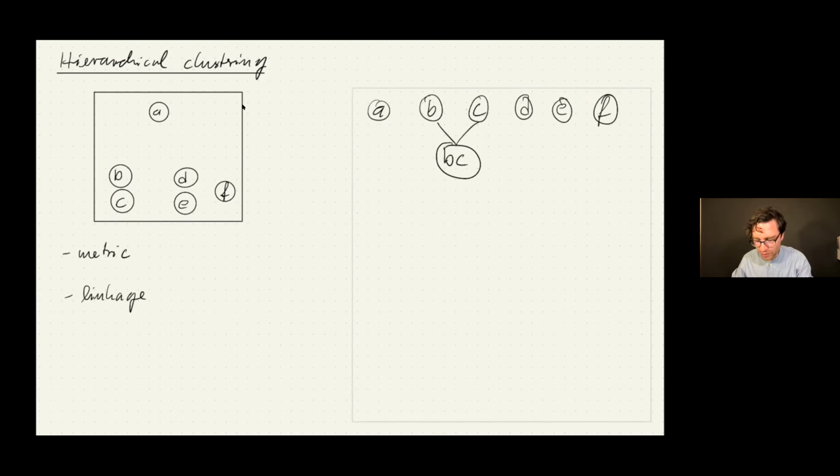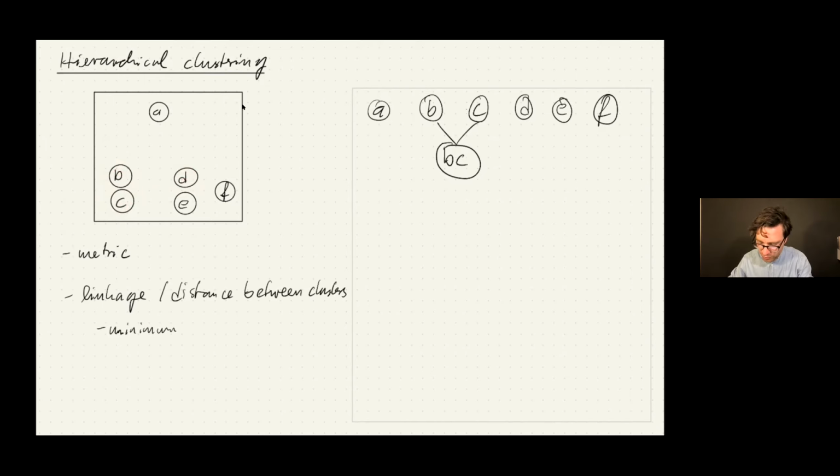This tells you how to treat these clusters, because now you need a way to get the distance between the clusters. This could, for instance, be the minimum distance. So if you want to get the distance between this cluster and this object, you would take the distance between B and D and C and D and take the minimum distance.